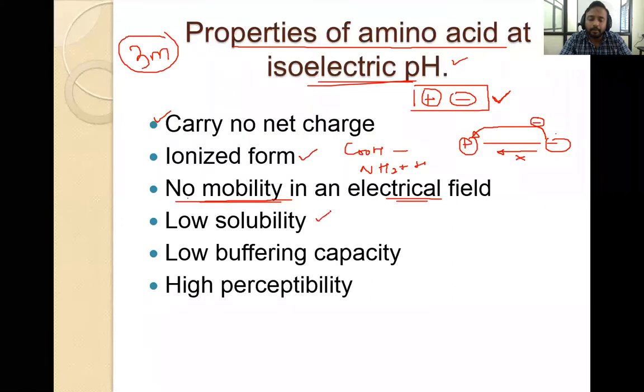Then they have less solubility. What you understand by less solubility is when you allow these amino acids to dissolve in some solvent. For example, you have taken water and put the amino acid in it. Because they are electrically neutral, what happens? Solubility is there when a molecule like an amino acid interacts with the water molecule.